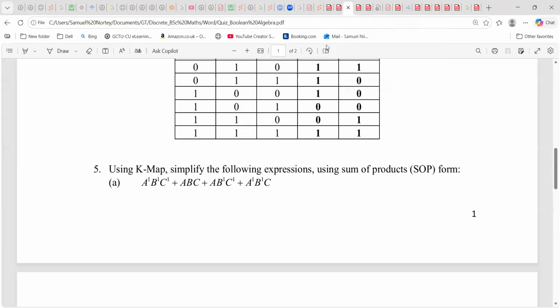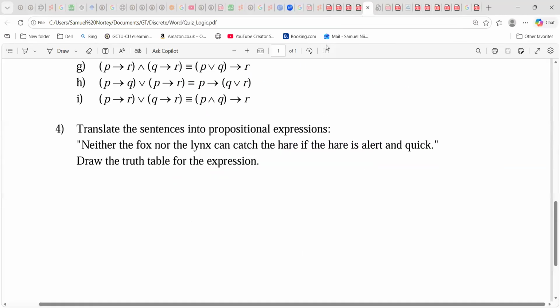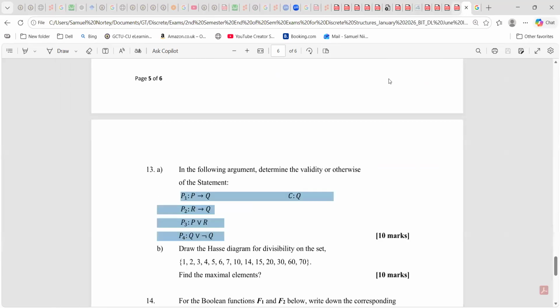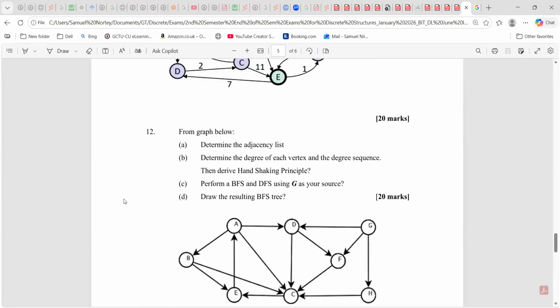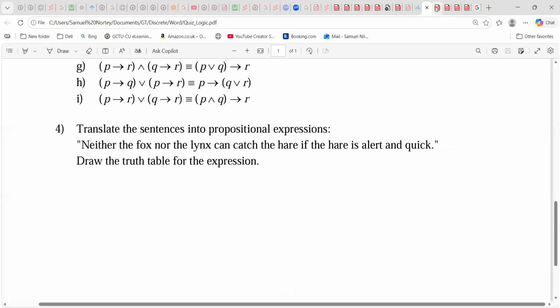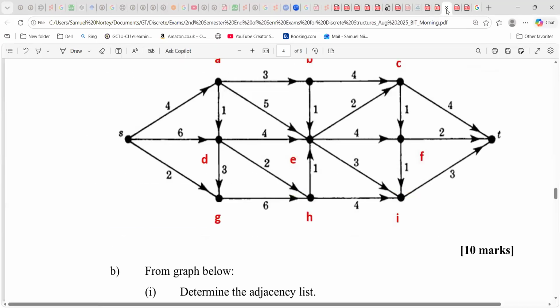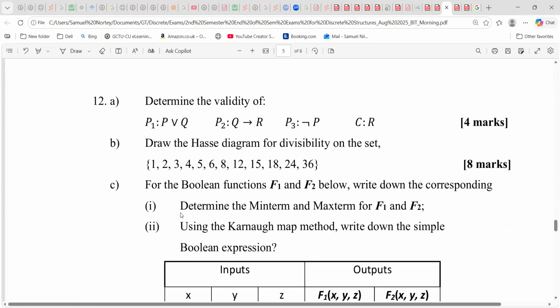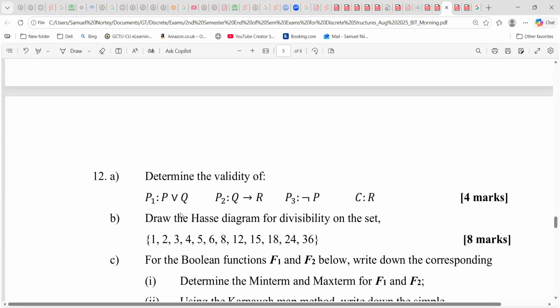Sir, please, he's talking about the past question. Was it this question or another question? Question 12B. No, it wasn't this one. It would be the regular class. Is it this one? Is that draw?